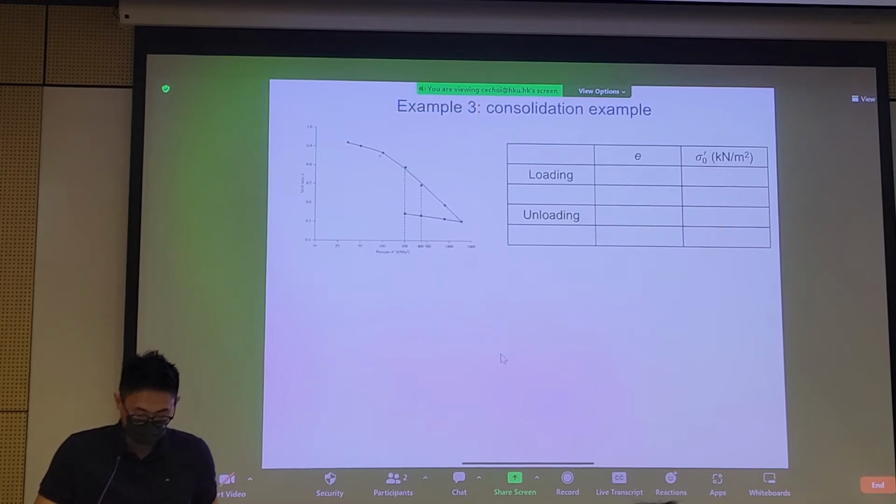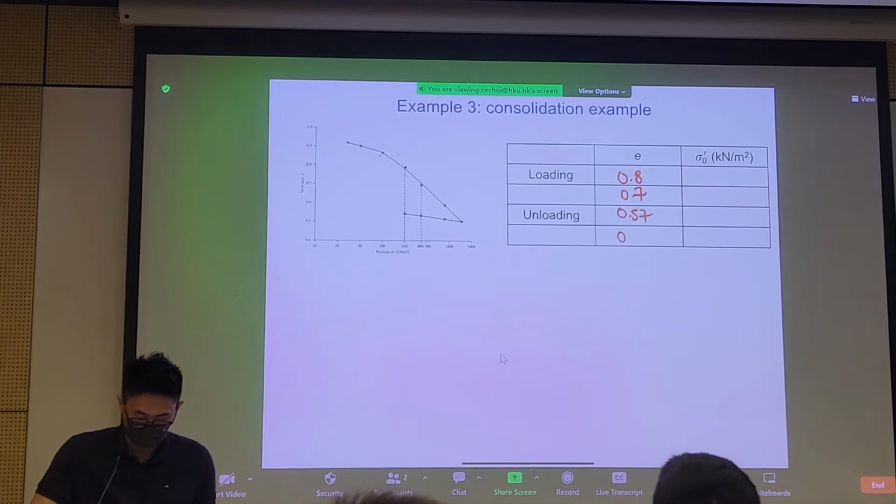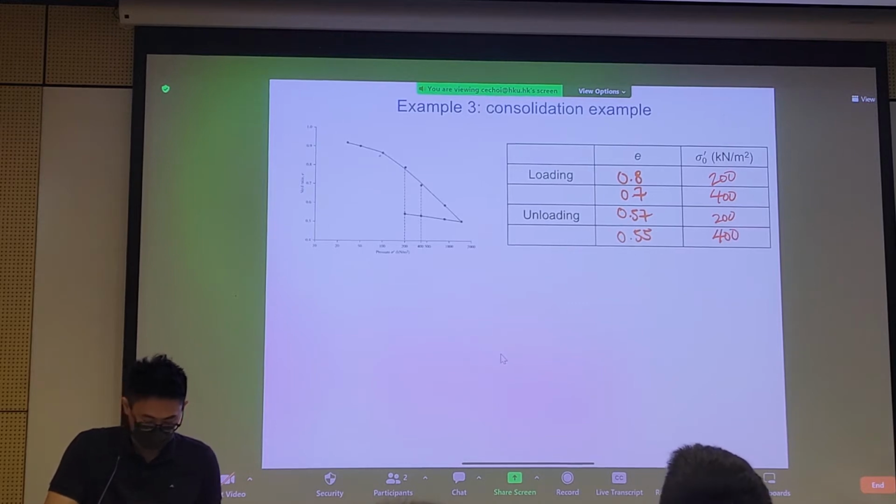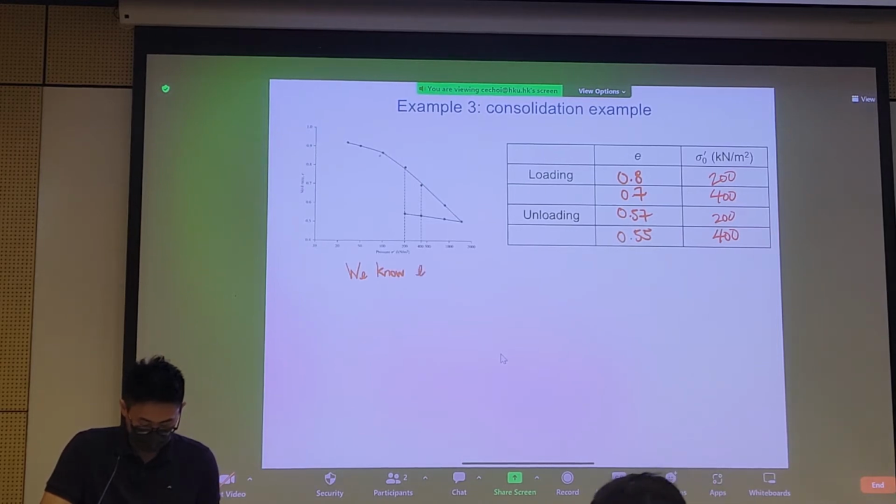So, if we do the second part of the question, well, actually, we don't need these values again, but I'll plot them here. I don't know why they were deleted. 5.7 and 0.55, 200, 400, 200, 400. So, for the second part of the question, we know that void ratio of 0.8 at, let's say, sigma prime 1, 200 kPa.